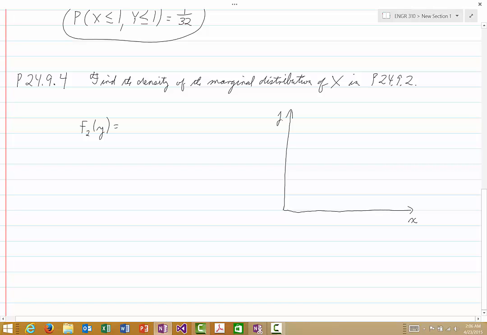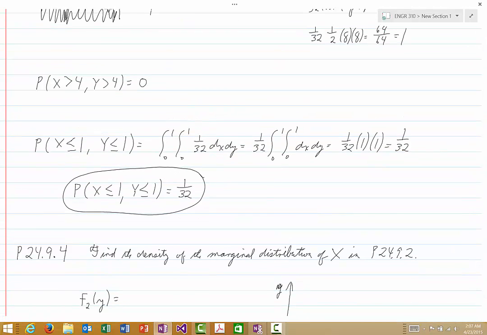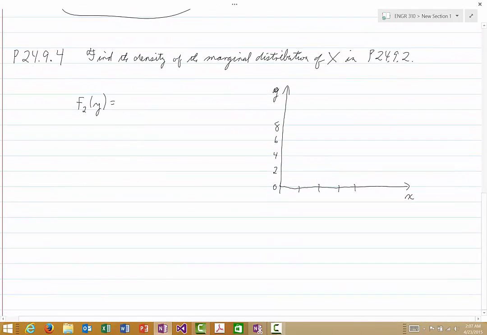So here's x and y, and 0, 2, 4, 6, 8. Okay, so here again is a reminder that little f of xy is equal to 1/32 inside this triangle and 0 everywhere else.